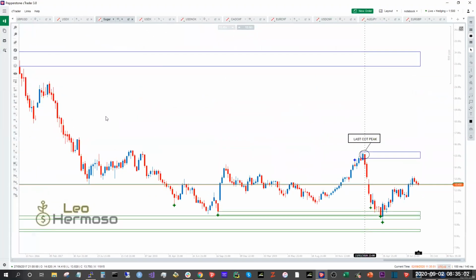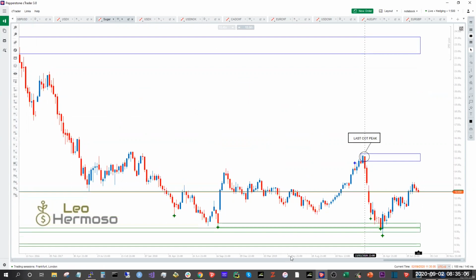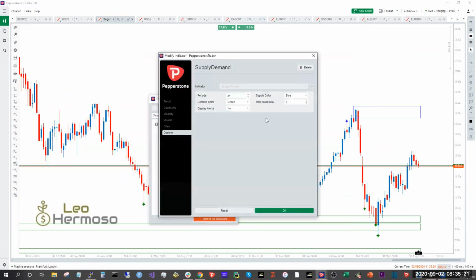Okay. So this is the weekly chart for sugar. So here I have the supply and demand indicator.